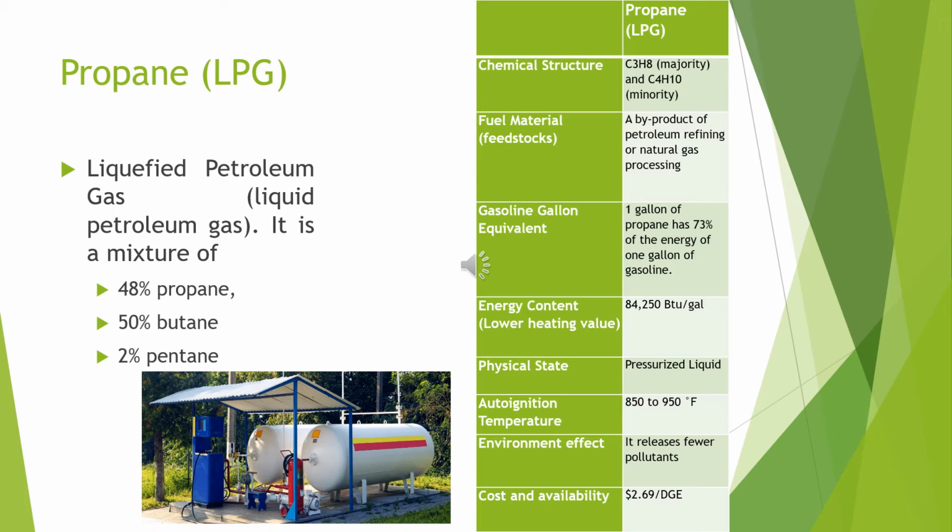The physical state is pressurized liquid, and the auto ignition temperature is 850 to 950 degrees Fahrenheit. The environmental effect is that it releases fewer pollutants, which cause air pollution, and its cost is $2.69.